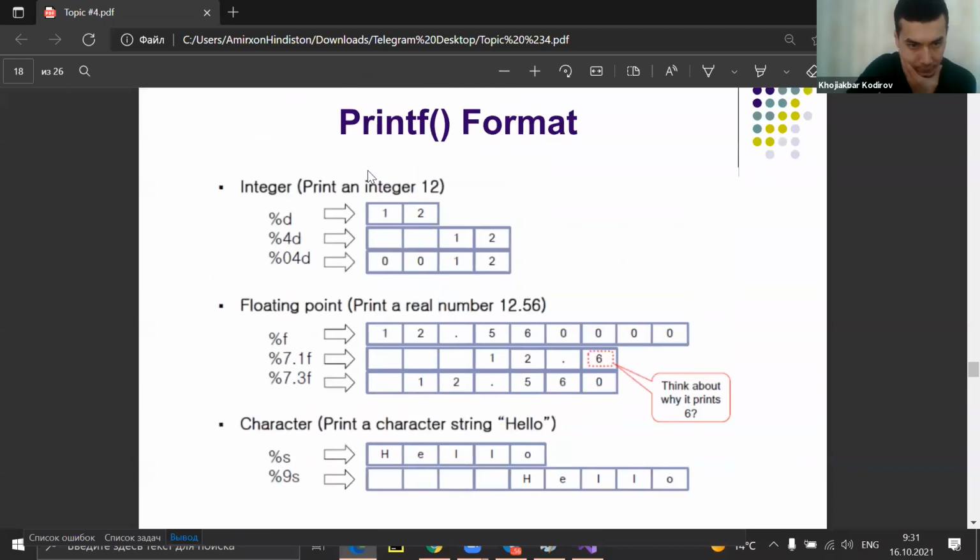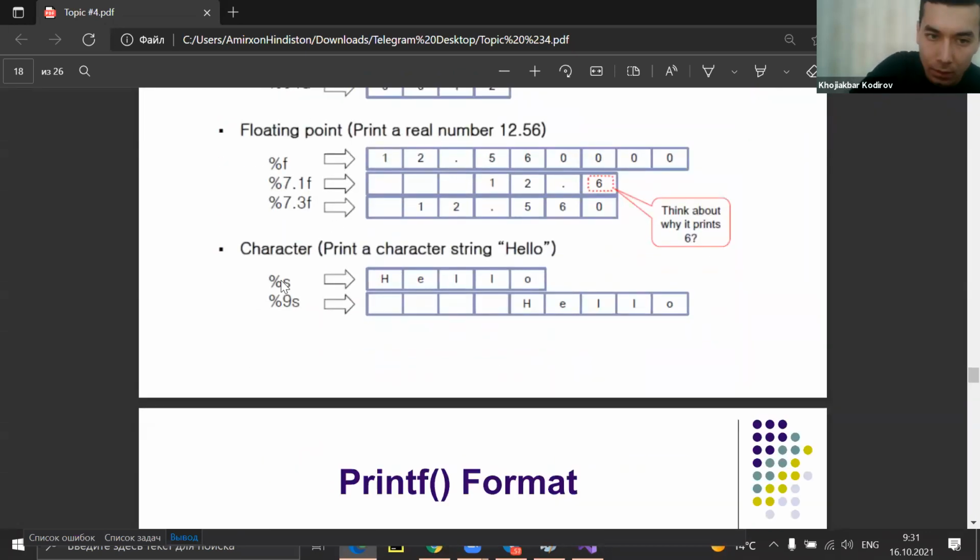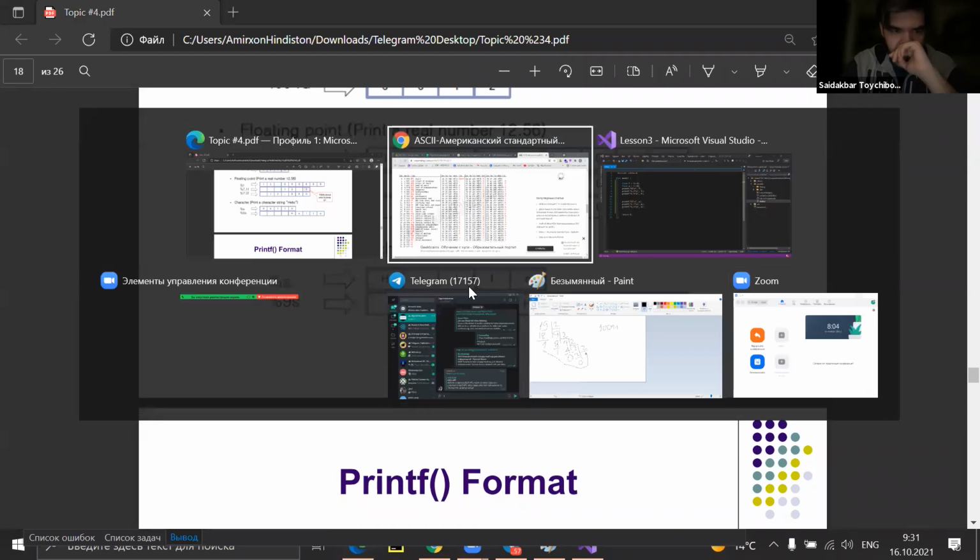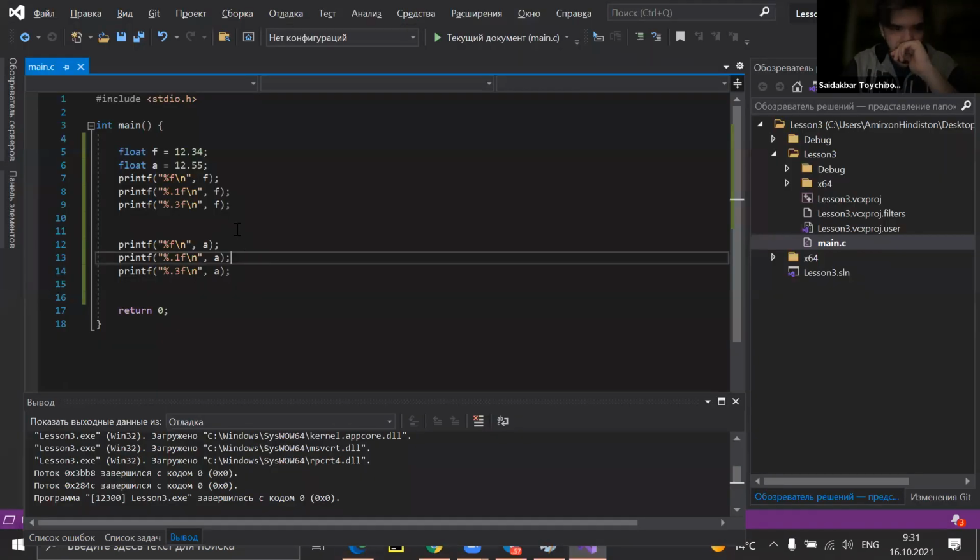Okay, then the string ones. If you want to print any string values, you can do it in this way.